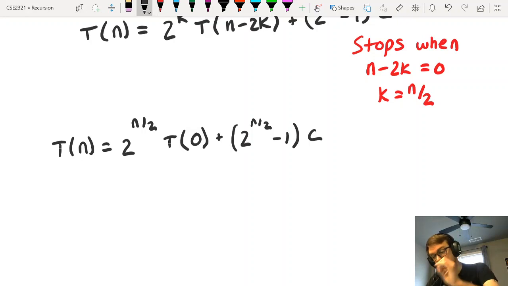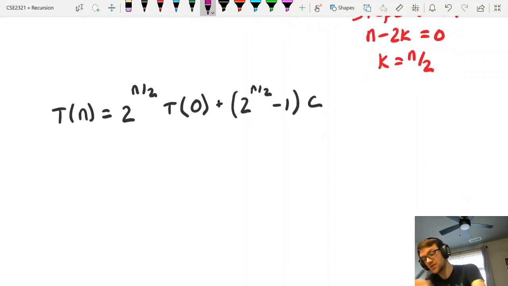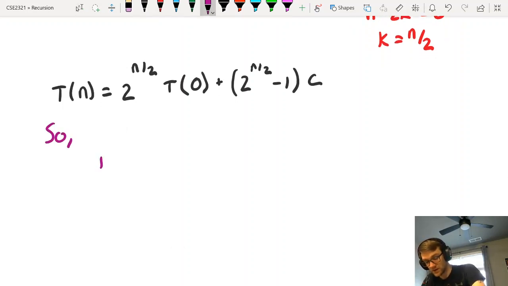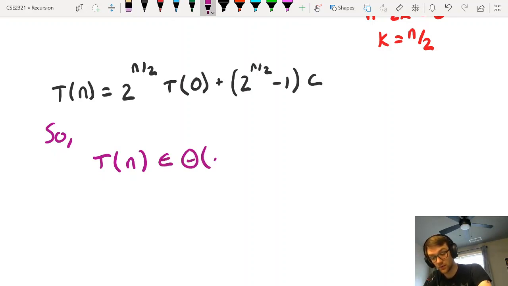But you do need to be careful. We need to make sure exponents and constants matter. So 2 to the n over 2 is in theta of 2 to the n over 2. That over 2 cannot be ignored. So t of n is in theta of not 2 to the n, but radical 2 to the n.